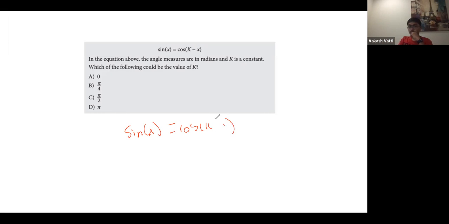And this is true if k equals 90 degrees. And since 90 degrees is the same thing as 90 times 2 pi over 360, that is pi over 2 radians, and therefore the answer is C.